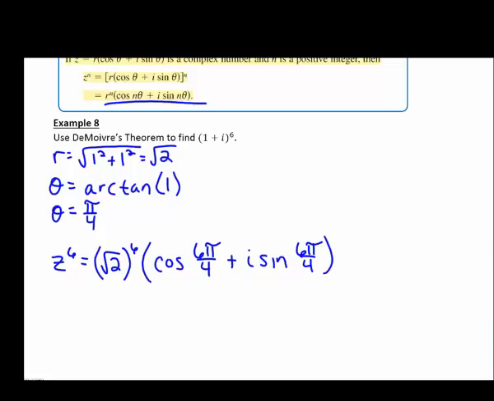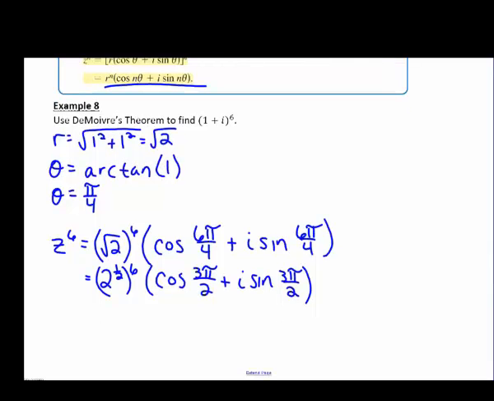Okay, and then remember that square root of 2 is really 2 to the 1/2, so I'm going to write that there for you in case you don't remember. And then this becomes cosine of 3 pi over 2, because we can simplify that a little bit. And that'll just make it a little bit easier when we look at our unit circle.